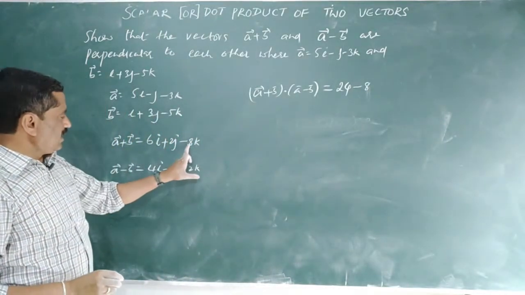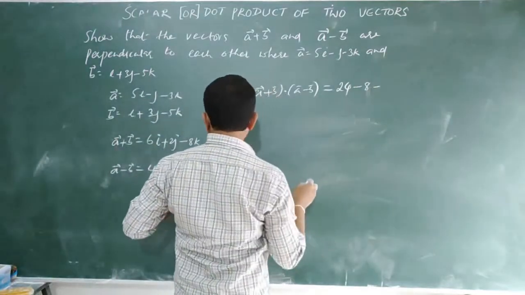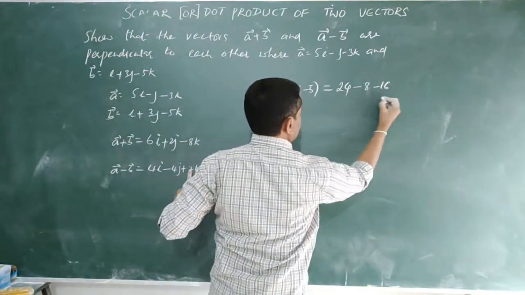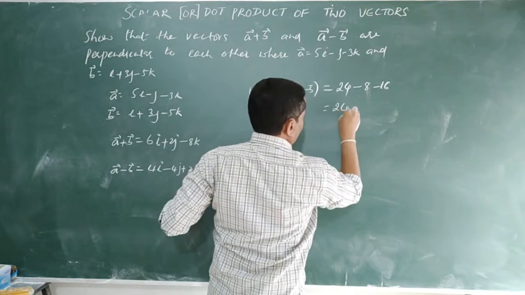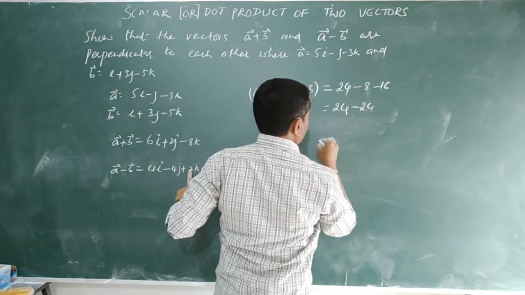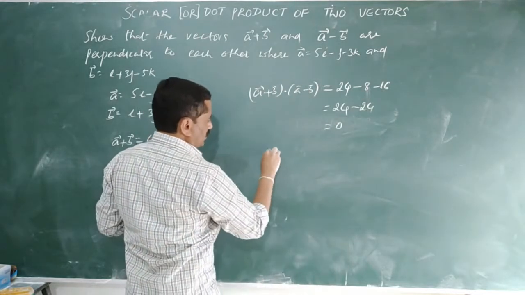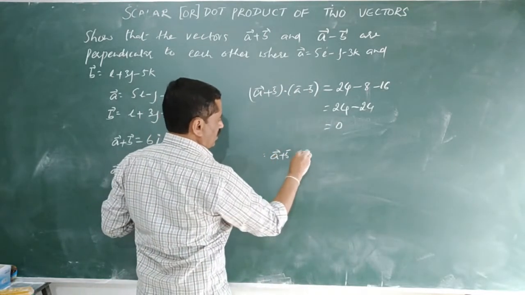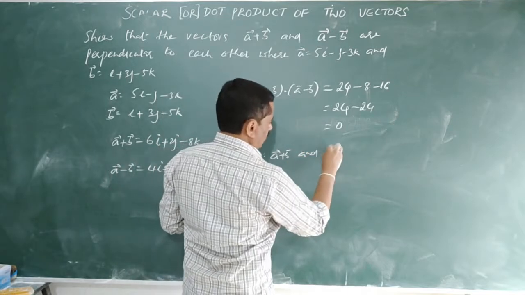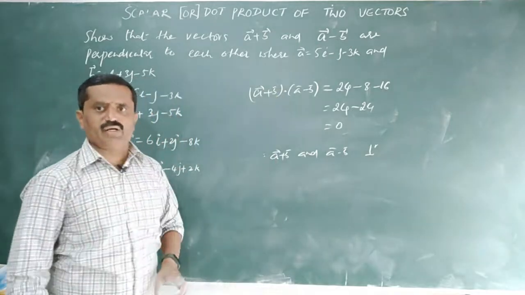Again minus 8 into 2, that is minus 16. Again 24 minus 8 minus 16 is equal to 0. So therefore a bar plus b bar and a bar minus b bar are perpendicular to each other.